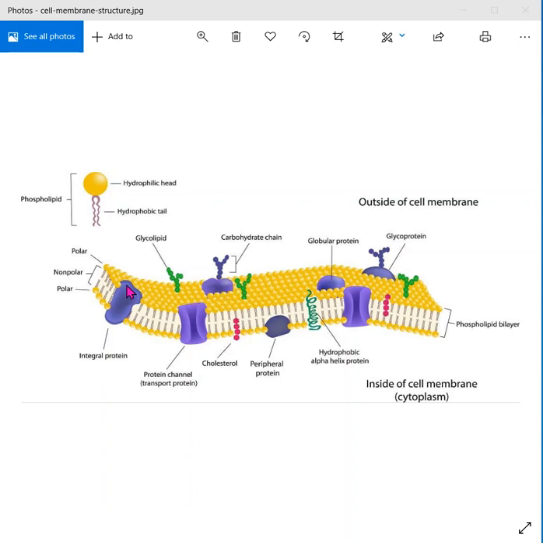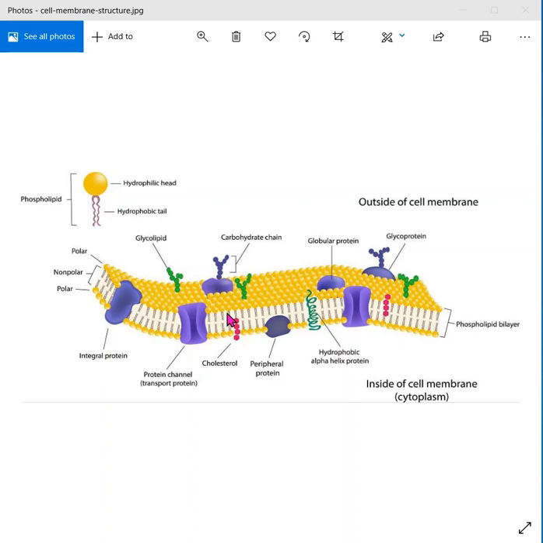So that's all, guys, the structure of the cell membrane. Remember, it's a lipid bilayer and a protein composition, and the lipid bilayer is a very fluid membrane, and these proteins, integral proteins, transport proteins, globular proteins, and also peripheral proteins, make this membrane very functionally complex.